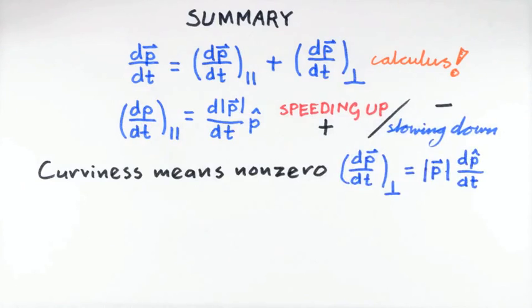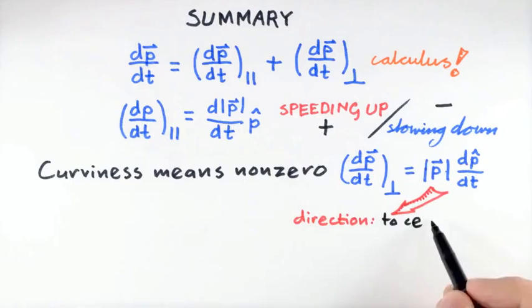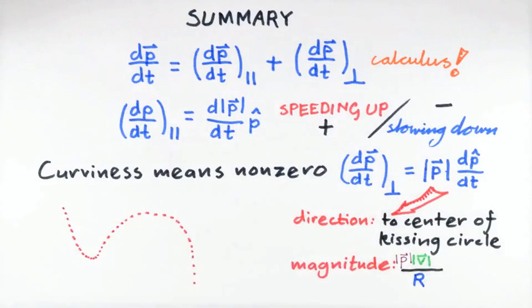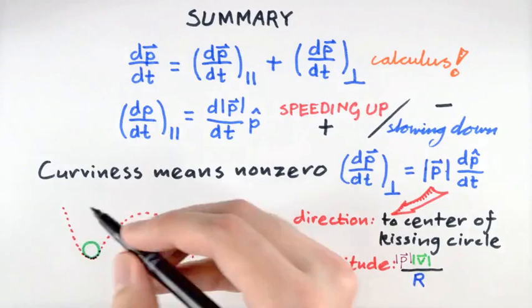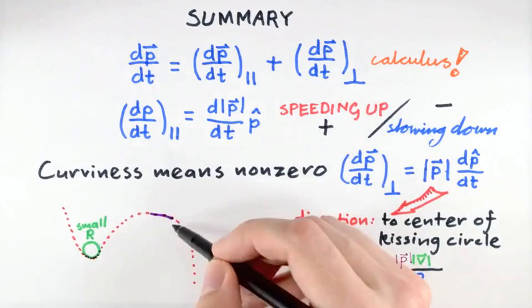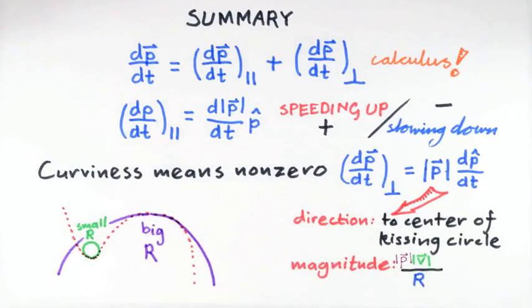More specifically, the direction of this term toward the center of the kissing circle tells us something about the direction that the trajectory is curving, and the magnitude of this term, the magnitude of p times the magnitude of v divided by r, gives some indication of how sharply or how gently the trajectory is curving. For example, a small r corresponds to sharp curves, and a large r corresponds to gentle curves.